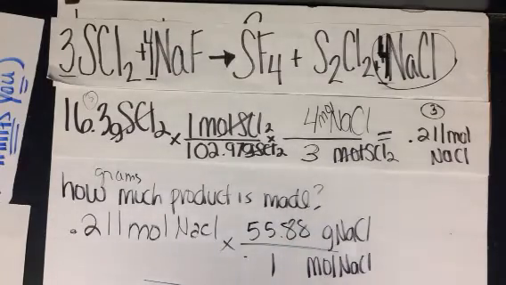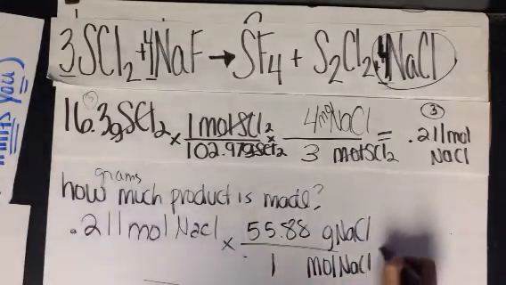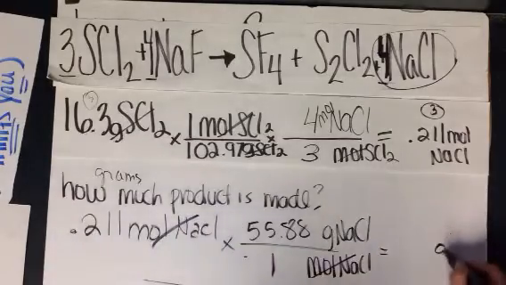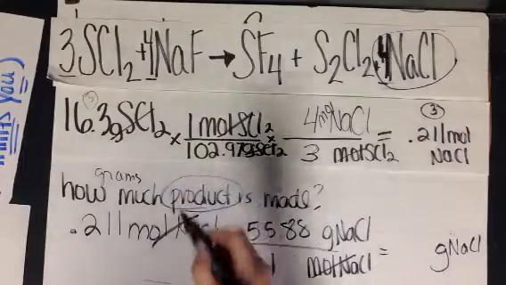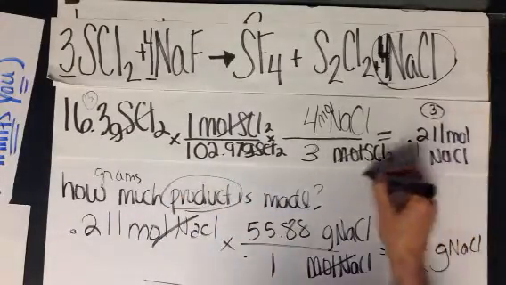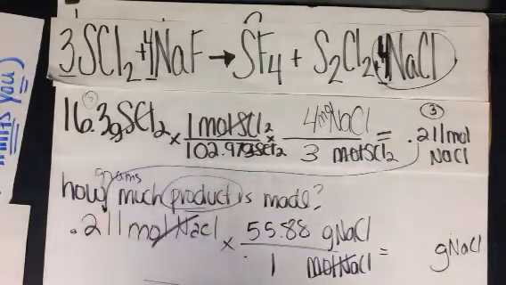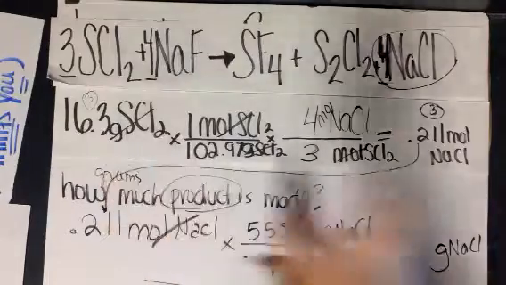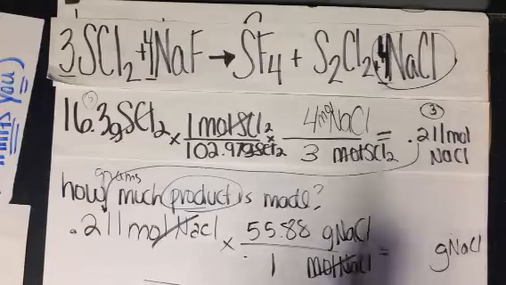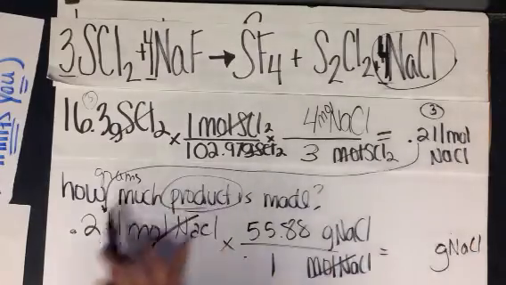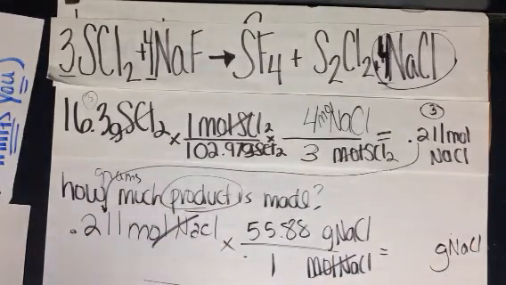Look it up on your periodic table. Multiply those two. And now you have how much product you made. I took my limiting reactant, figured out how many moles of the product it made, and then got that value and converted it into grams.